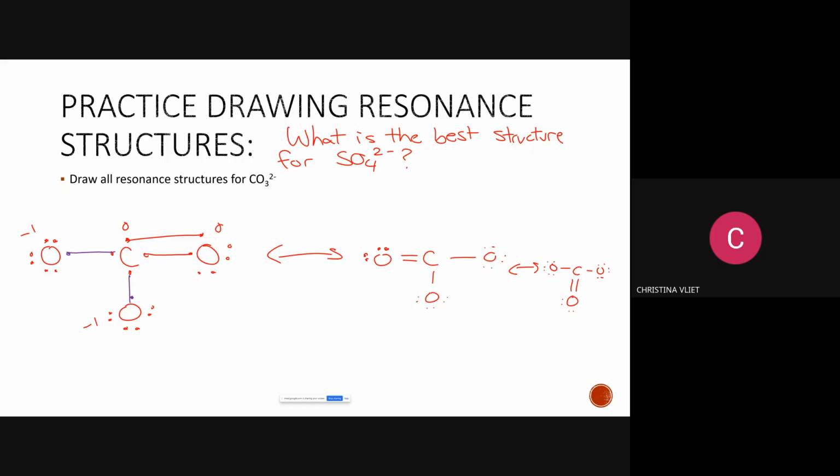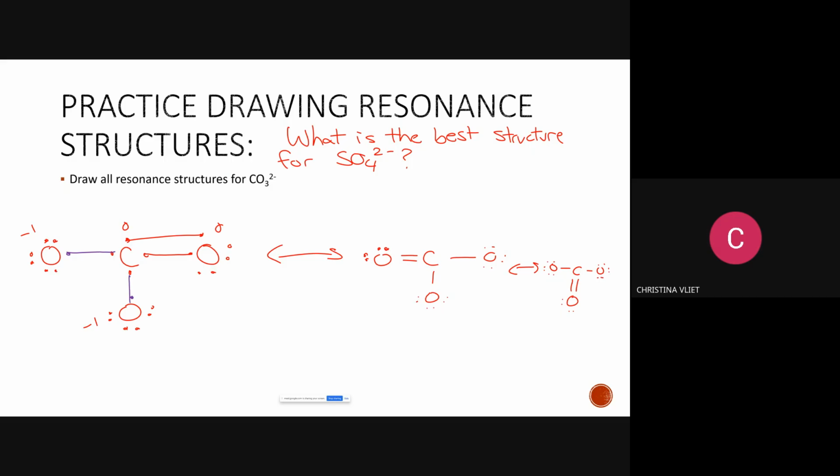Well, I mean, you can do them side to side, but yeah, it's the same idea. Yep. Yes, it is. Correct. Either that or you can write the formal charge. Yes, that is the best. That's true here. Yes.